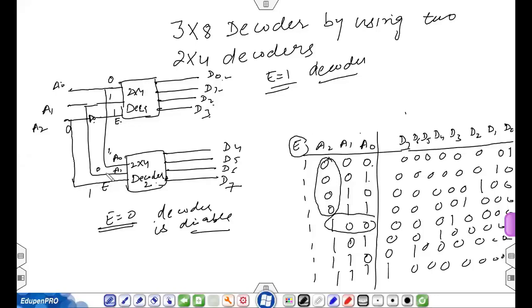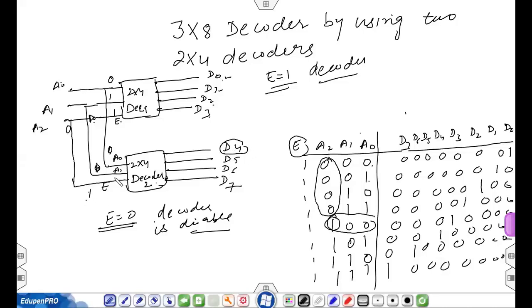So in this case, if it is 0 1 or maybe 1 0, in the same way, your output, like suppose if you are starting from A0, then you can write here 0 1 or maybe 0 0. If it is 0 0 and A2 is 1, enable is 1 because A2 is connected with enable. So what will be your output here? Your output will be D4.